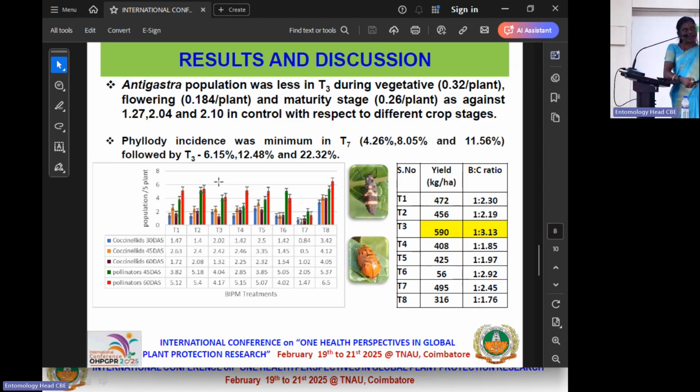The natural enemies population was also higher at 45 days. Here, the ultimate aim is, of course, high yield. When compared to other treatments, T3 was found to be effective, recording 590 kg of sesame seeds per hectare and the highest cost benefit ratio.